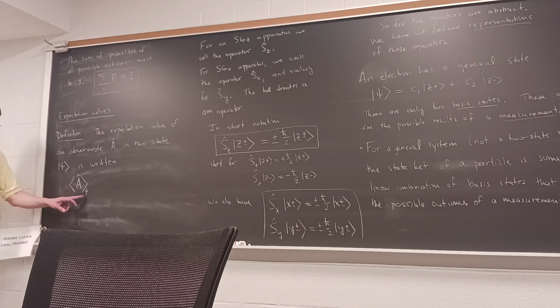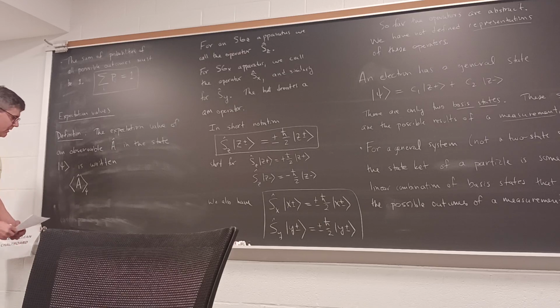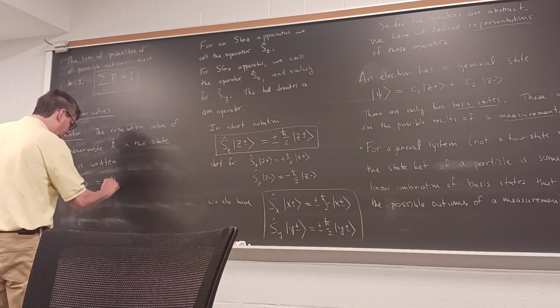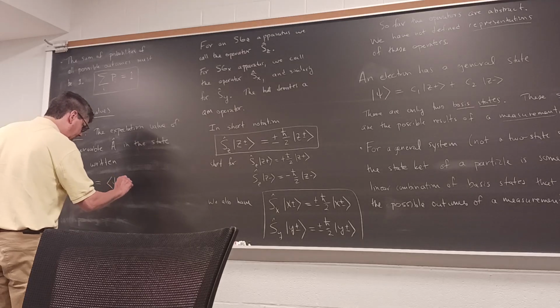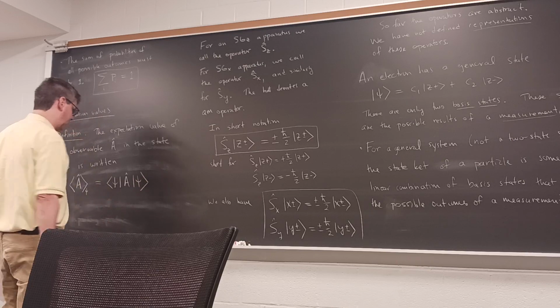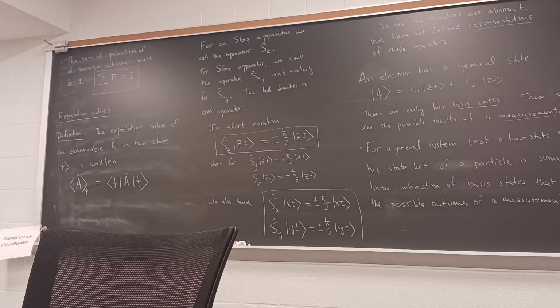Whenever you take an expectation value, you always take it with respect to a particular state. So this is equal to taking A in between the ket and the bra like that to squeeze it. Okay, so these are identical.